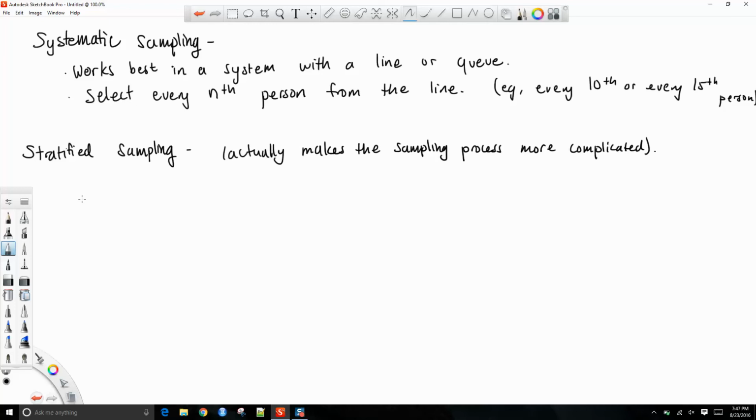So with stratified sampling, you say, okay, I know my population is this percentage this, this percentage this, and this percentage this. So when you select your sample, you make sure your sample has the same proportion of this group, the same proportion of the other group, and the same proportion of the other groups. You make sure the sample you select has the same proportions that the population has.